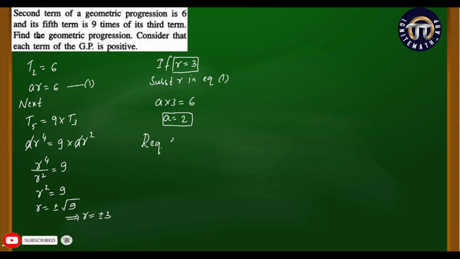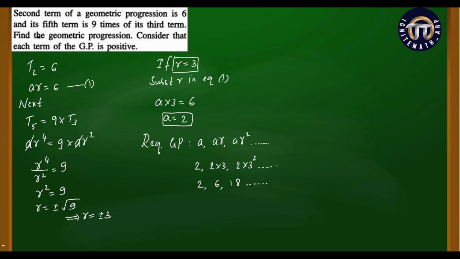So I can write down the required GP is A, AR, then AR square, and so on. So A is what here? 2, then 2 into 3, 2 into 3 square, and so on. So 2, then 6, then 18. Okay, so these are the required terms of the GP. Is it clear, children? Yes.